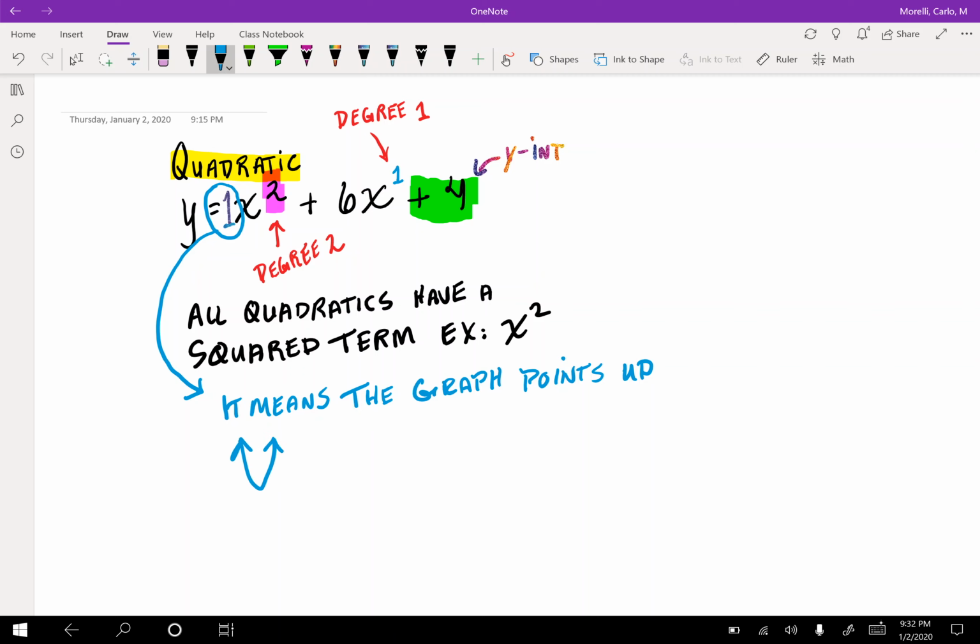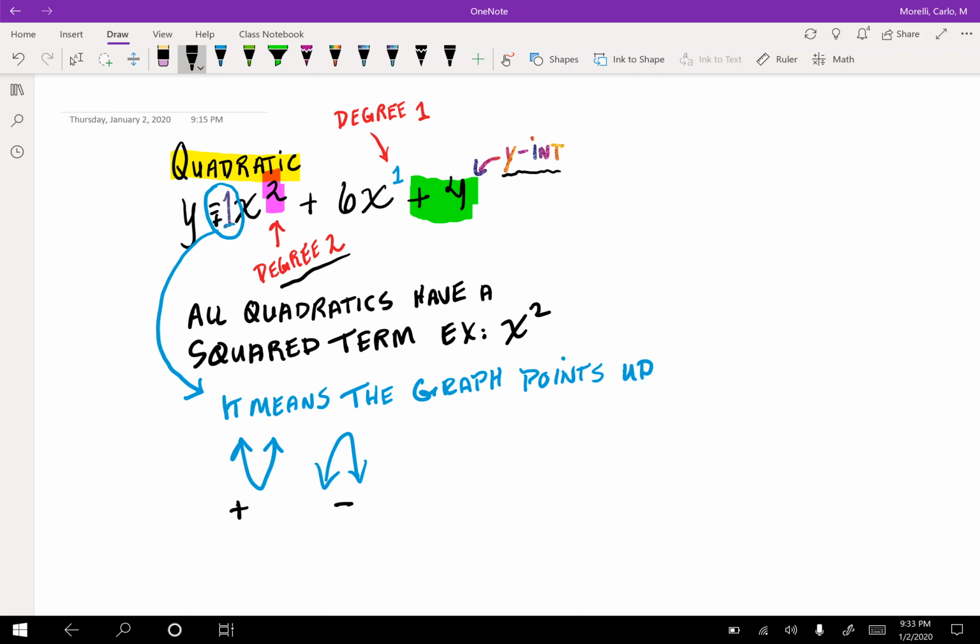If that had been a negative number, then it would point down like this. So, this is positive, this is negative. This is a positive number, so the graph is going to point up. It's going to cross the y-axis at 4, okay? And we call it a quadratic because it has a squared term, which means it's a degree 2 equation.